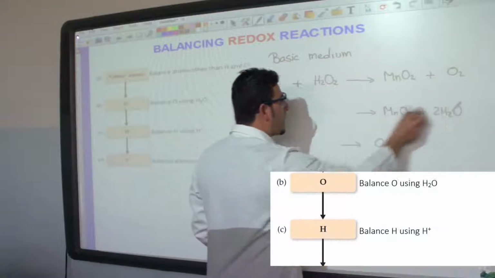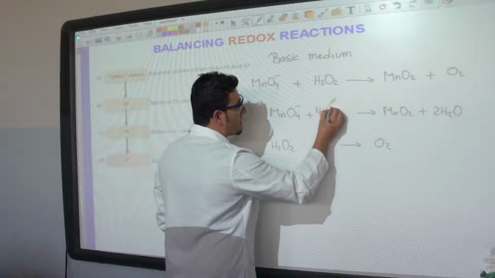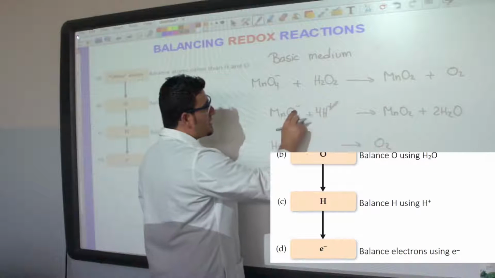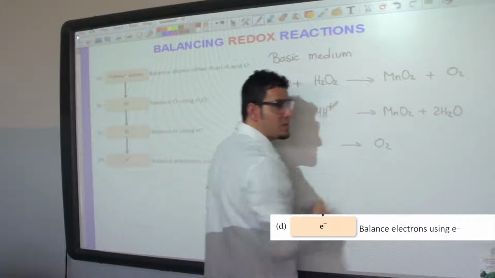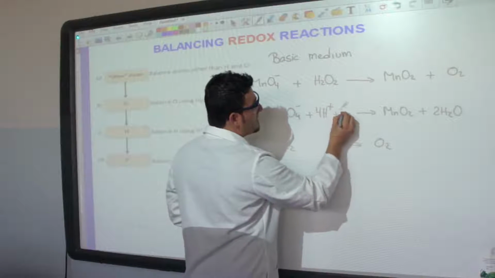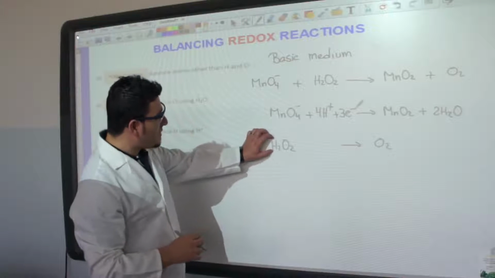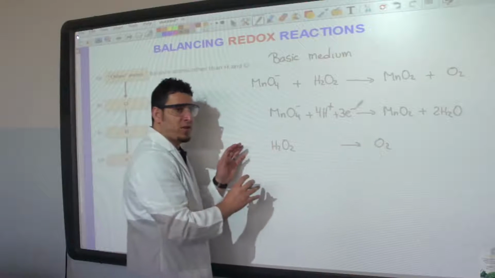Now here I have 4 hydrogens. Here I have no hydrogens. So I will be adding 4H plus. Now look at the charge. Here 1 minus and 4 plus, 3 plus. Here it's 0 and 0. So how can I make the 3 plus 0? By adding 3 electrons.